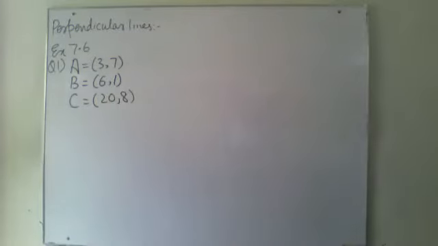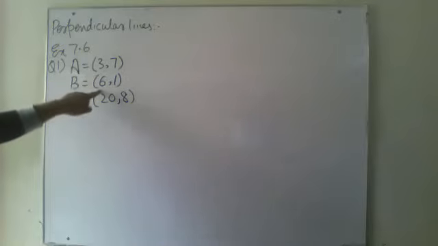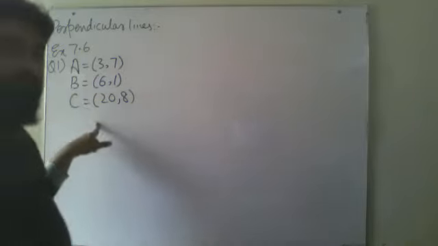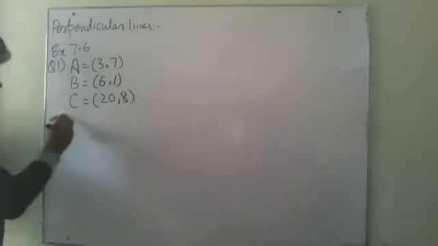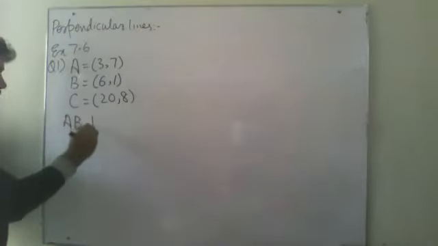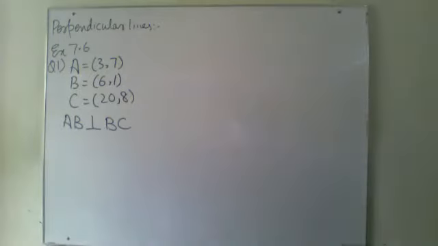Okay, this is given to me. A is 3 comma 7, B is 6 comma 1, and C is 20 comma 8. Now I have to show that AB is perpendicular to BC.